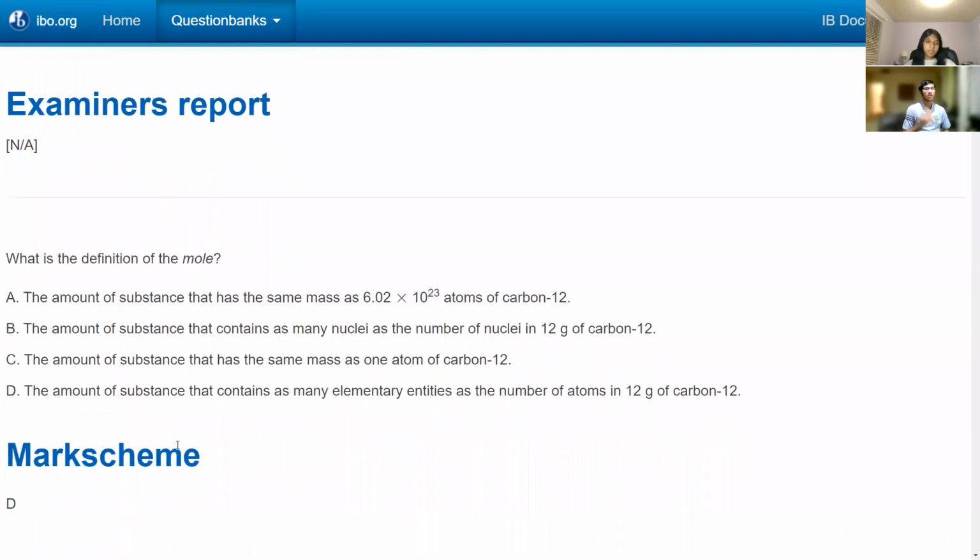And then unified. Okay, so just so we're clear, a mole is the amount of a substance that has the same number of particles as the number of atoms in 12 grams of carbon-12, and the unified atomic mass unit is 1/12 of the mass of a carbon-12 atom.